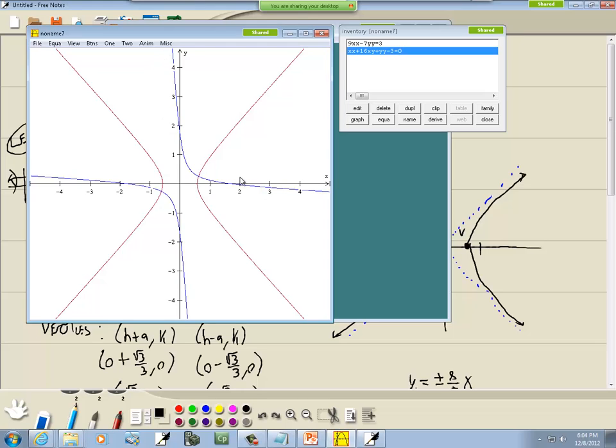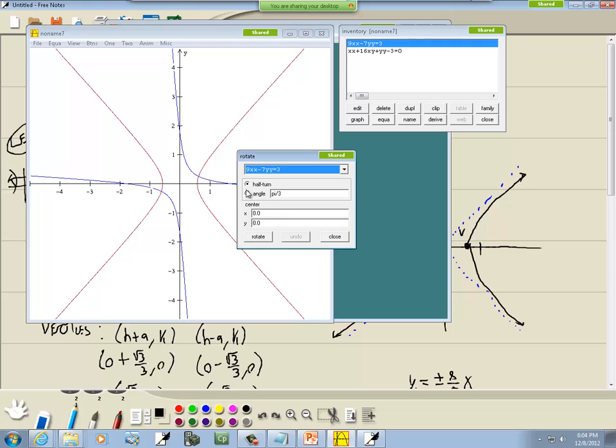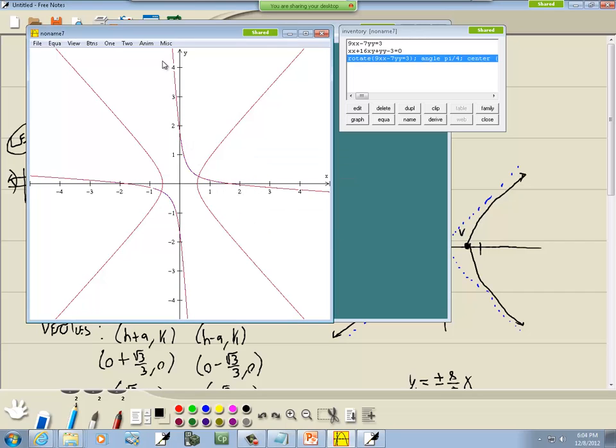It does, doesn't it? I've never done this, but let me try to rotate that one. So let me do 1, rotate, and angle, pi over 4. Look at that. It fell right on top of the blue one, didn't it?